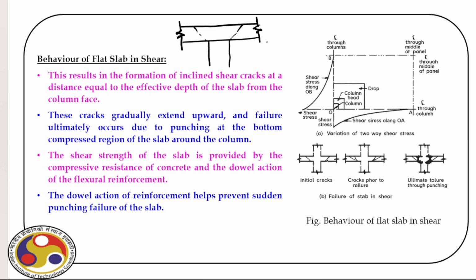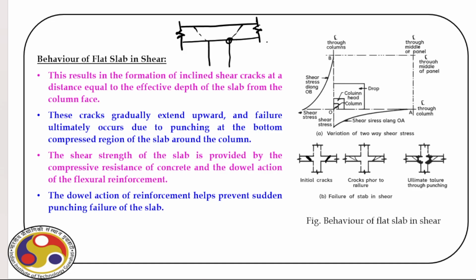So the initial crack starts not exactly at the face of the column, but somewhere very close to the column face, and then it goes like this. Then cracks start appearing, and then finally there is a possibility of punching, right?